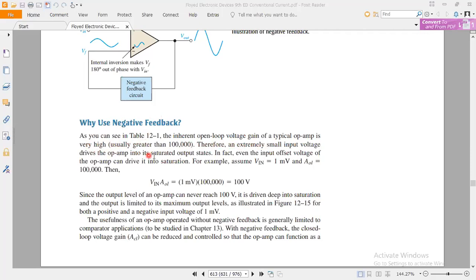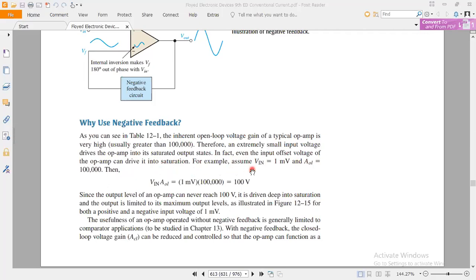usually greater than 100,000. Therefore, an extremely small input voltage drives the op-amp into its saturation output stage. In fact, even the input offset voltage of an op-amp can drive it into saturation.